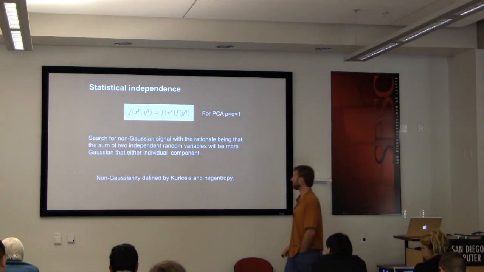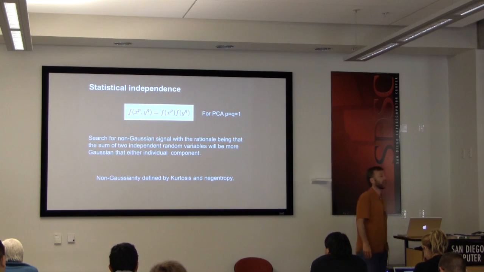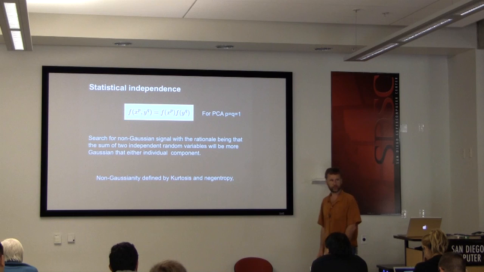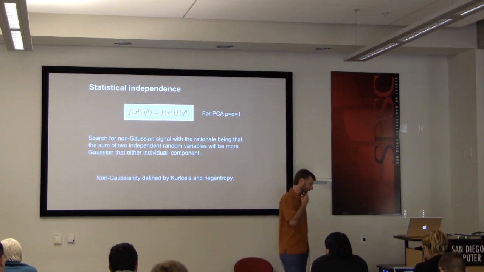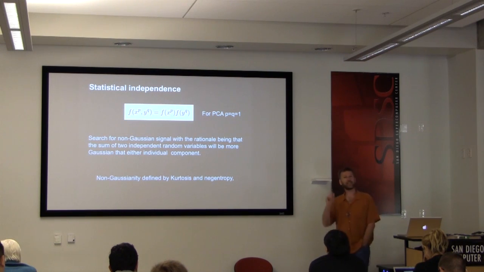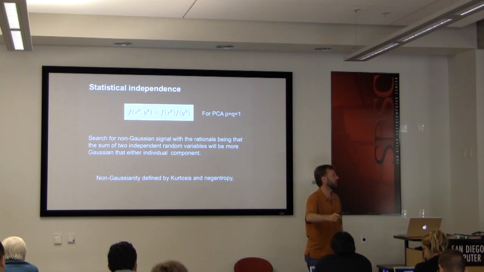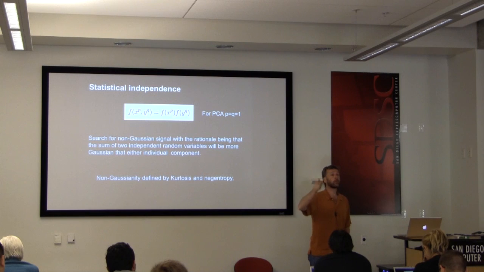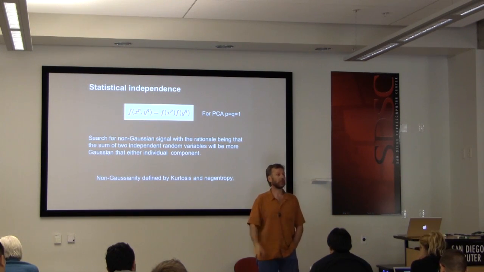Right? So the basis behind independent component analysis is the idea of statistical independence. And the simple way to think about this is, just from the central limit theorem, as I add more and more random independent vectors, the distribution I'm going to look at is going to become more and more Gaussian.